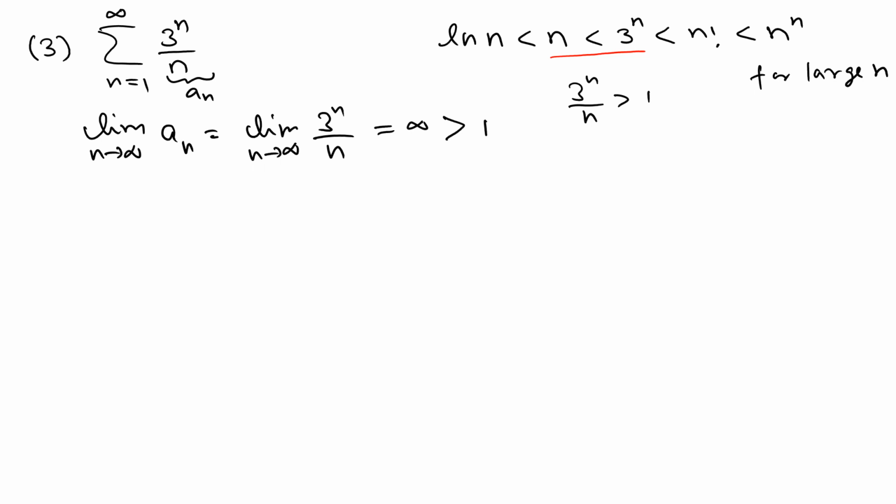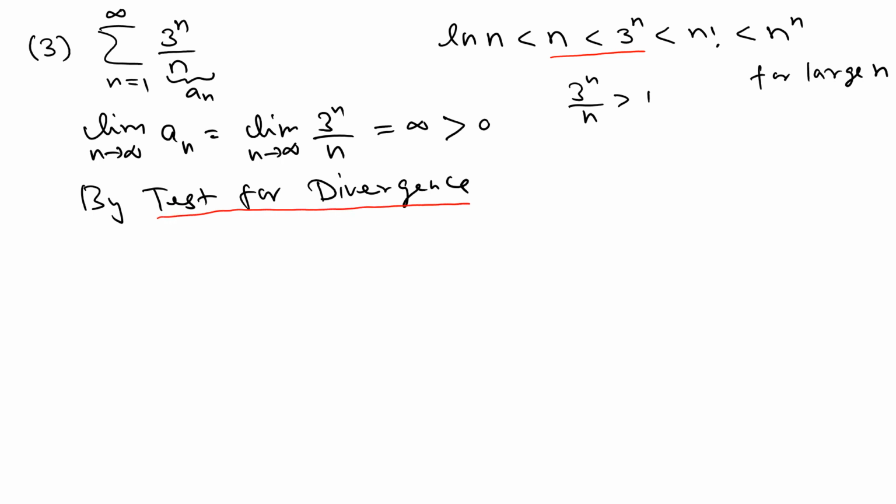Actually what we normally use is greater than 0. So by the test for divergence, that's the quickest for this problem, the series diverges. This is a quicker argument.